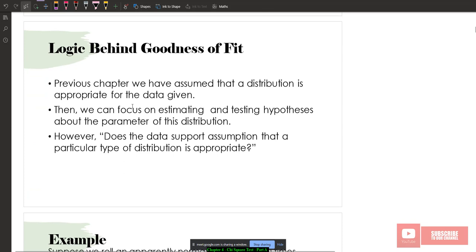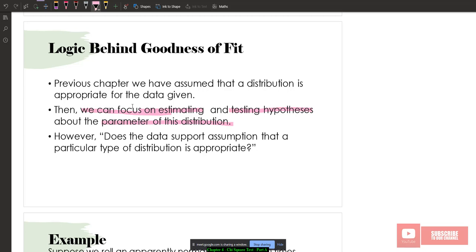Right. So the logic behind the goodness of fit test is this: in the previous chapter, we assumed that a distribution is appropriate for the given data. Then we focused on estimating and testing hypotheses about the parameters of this distribution.